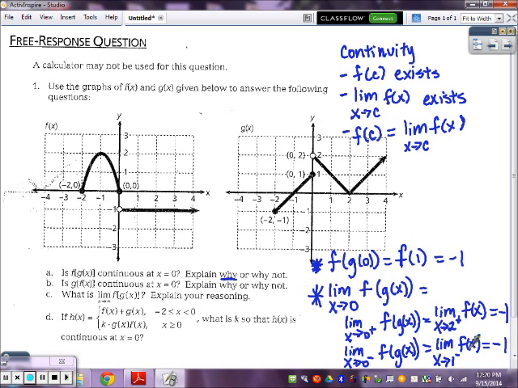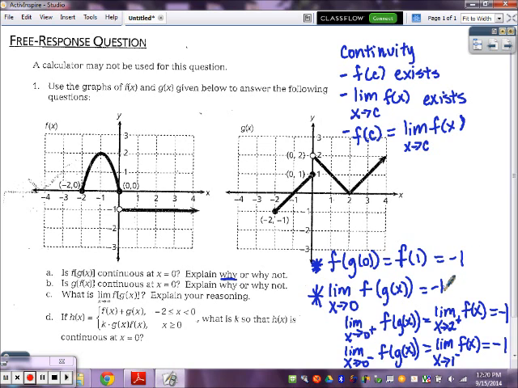So the overall limit, it's approaching the same value from the left and from the right. That would be -1. Okay? So what we see here is that the function is defined. It exists. f of 0 equals -1. The limit exists. It has a defined value.